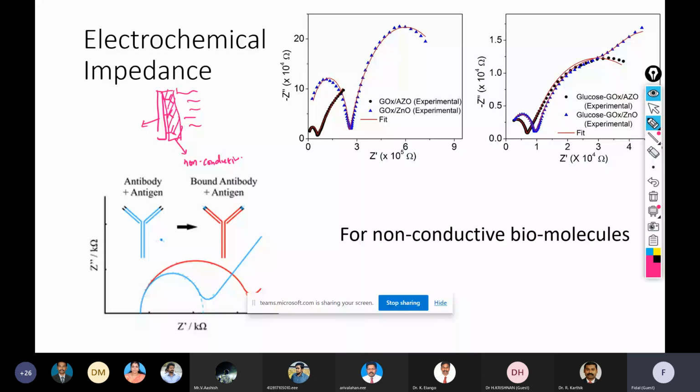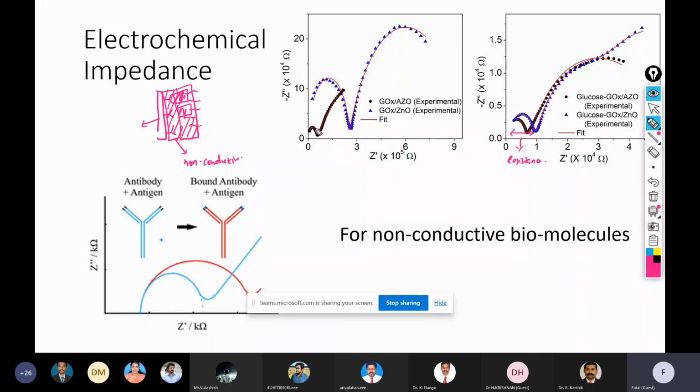Usually we measure the radius to determine the resistance it is offering on the surface. Now, this molecule is already non-conductive, and whenever it binds to the antigen, it adds another layer of resistance on the surface.